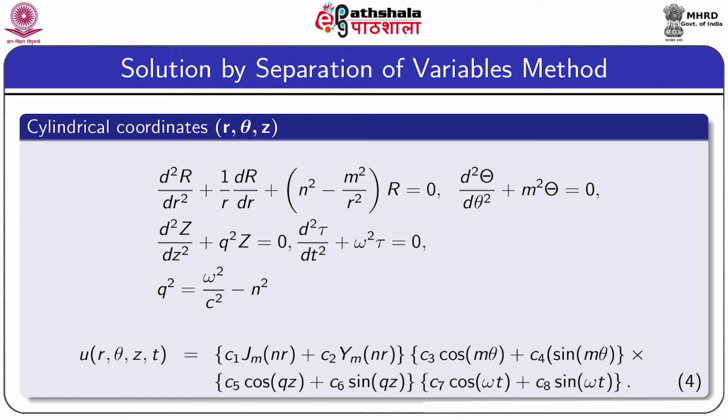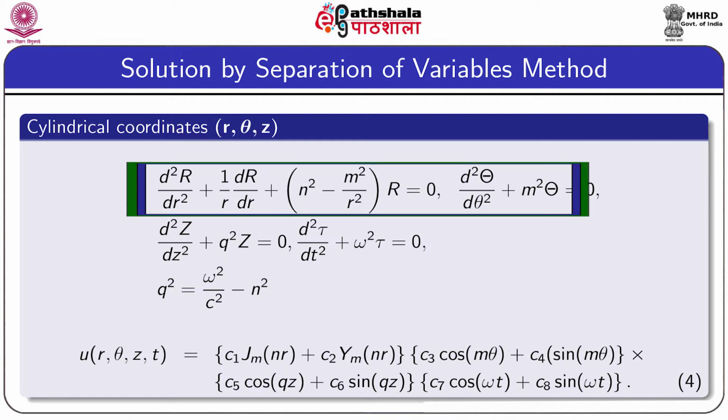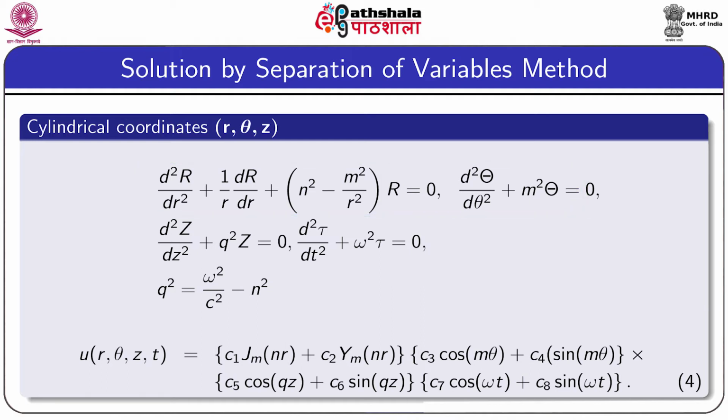Now, the equation for capital R can be seen, it is given by d2R/dr square plus 1 by r dR/dr plus n square minus m square by r square into capital R equals 0. And this is the famous Bessel equation of order m.